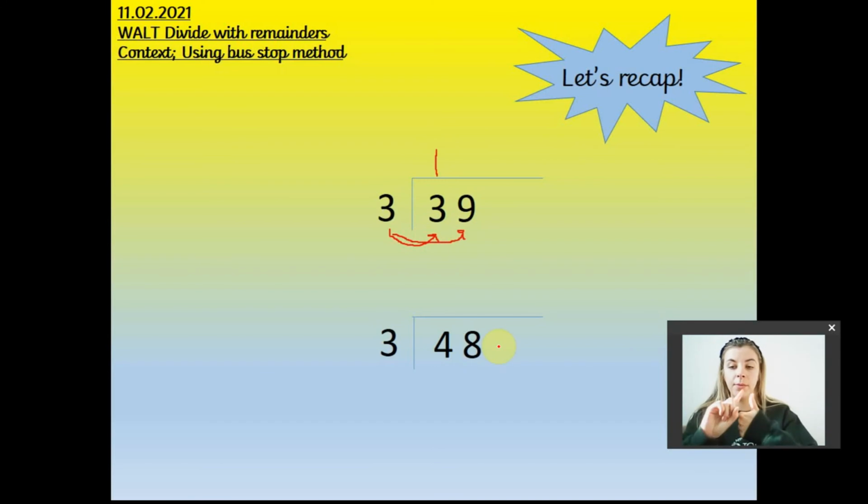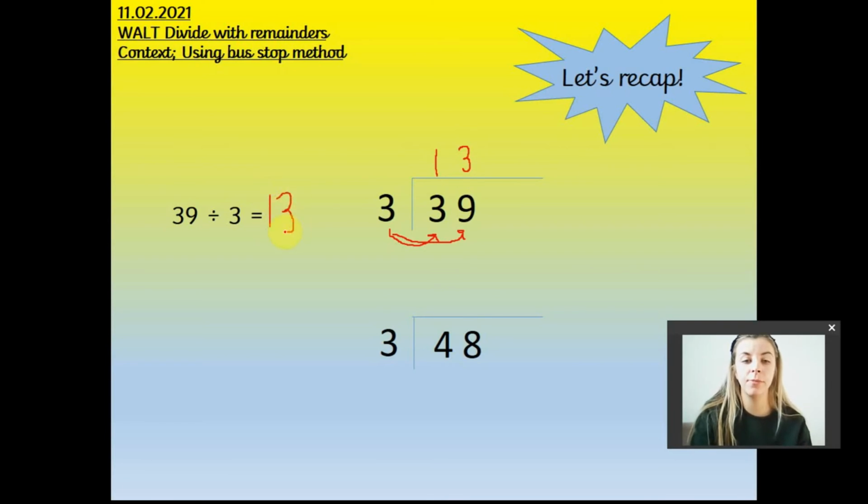Let's do our 3 times table. 3, 6, 9. So we know that 39 divided by 3 is 13. Now that one's nice and easy because we've not got any remainders, and we didn't have to carry any numbers across. Now let's have a go at question number 2.